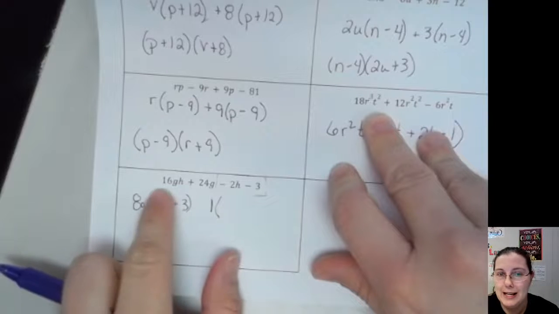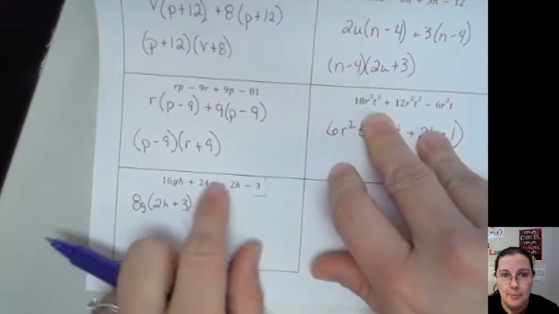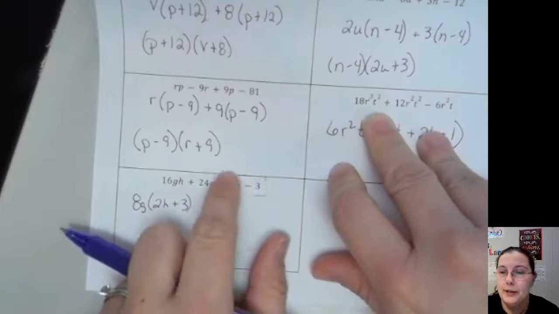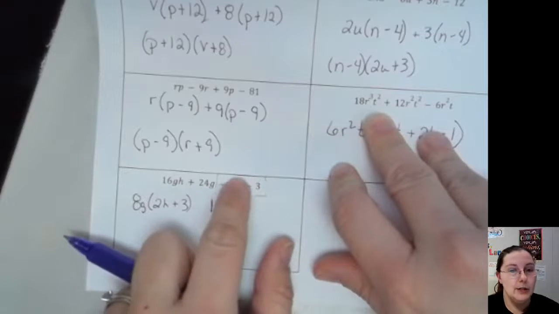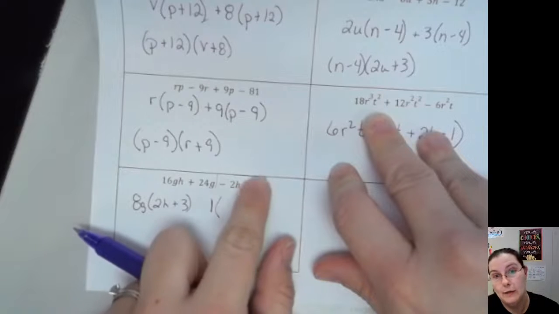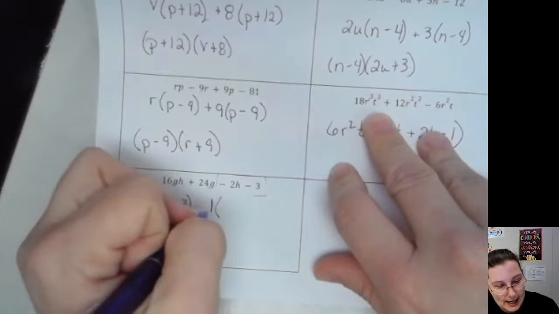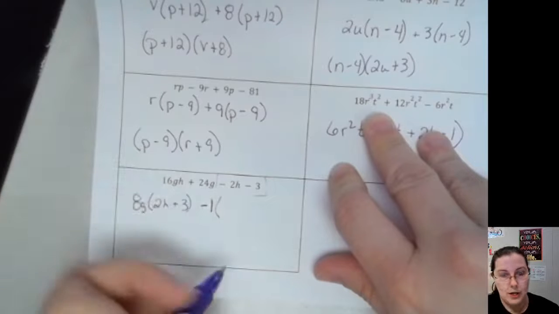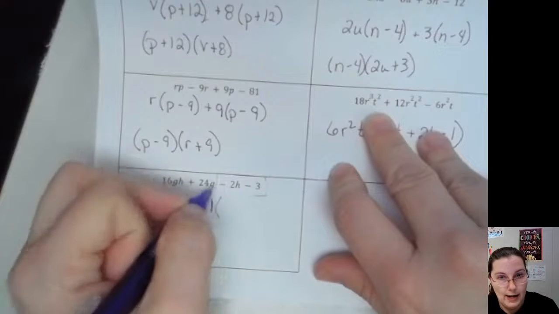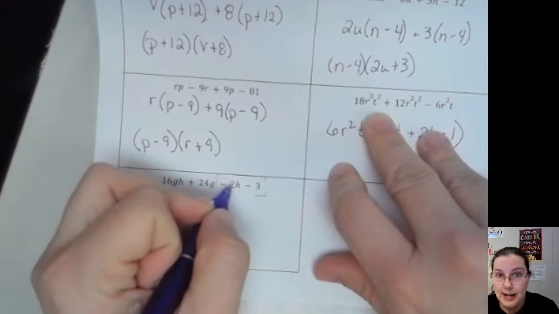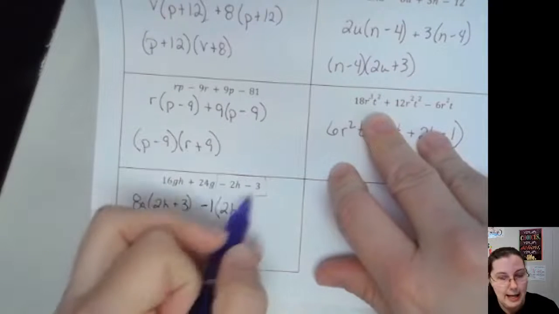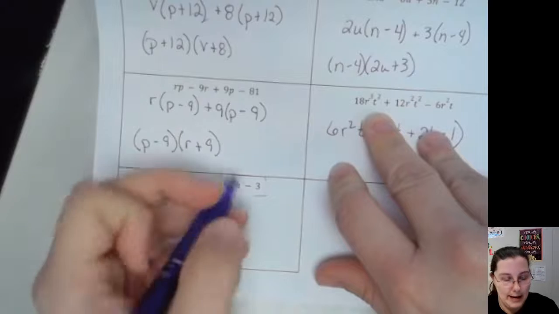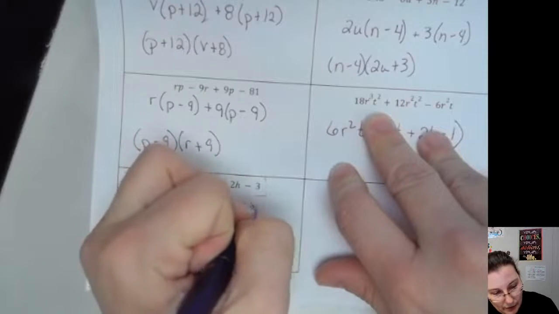So to make it positive so it matches this, I have to do the opposite. Well, an easy way to do the opposite, a number that we can divide these by or multiply them by to make them the opposite, is that negative 1. So now when I pull negative 1 out of here, negative 2 divided by negative 1 is a positive 2h, and negative 3 divided by negative 1 is a positive 3.